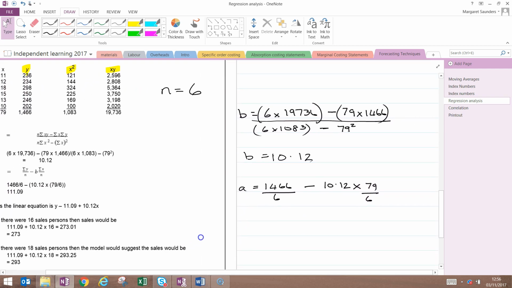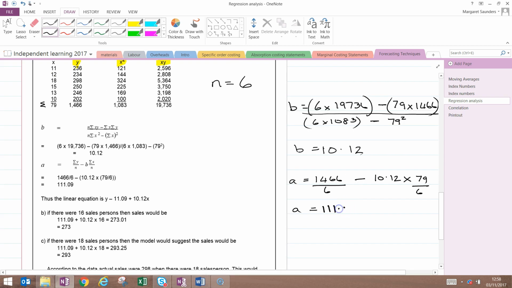And when we work that out, A is equal to 111.09. So our formulae, Y is equal to A plus BX. And there we have our linear model.